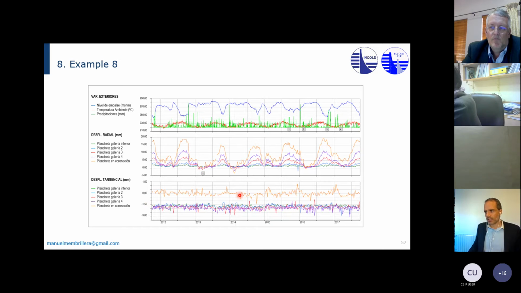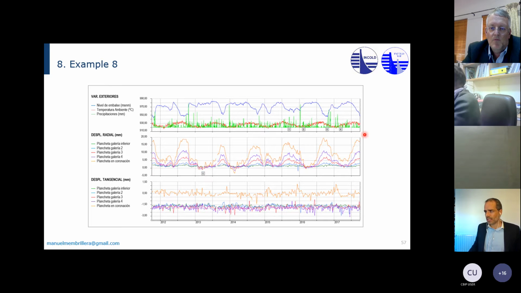You can see that this one is very controlled, usually less than 2 millimeters. But you can see this year's pool levels really go down. The temperature goes slightly up because of this drought, and just look at the evolution.